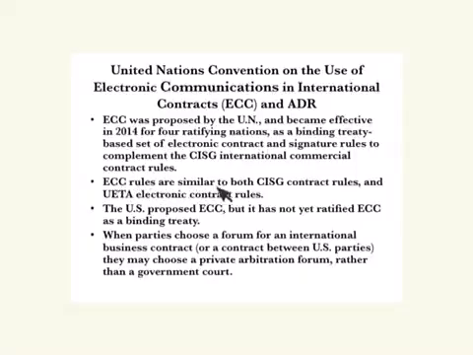These rules are similar both in part to the CISG contract rules and to the UETA contract rules. The United States is not one of the countries that has ratified the ECC as of yet.